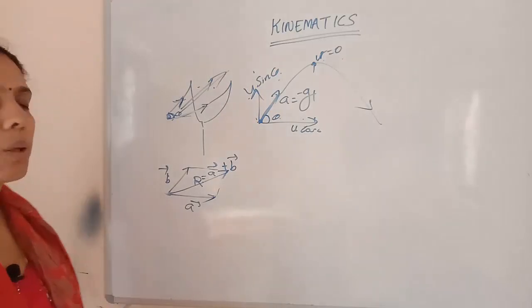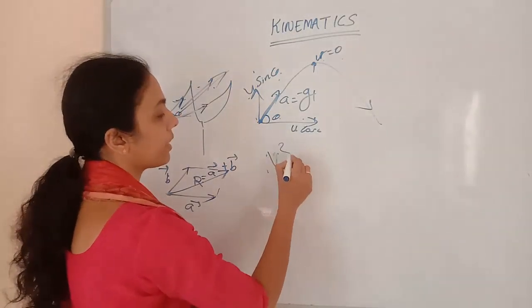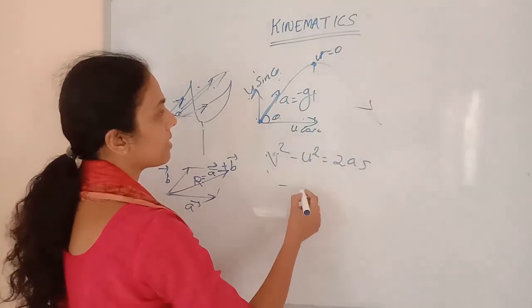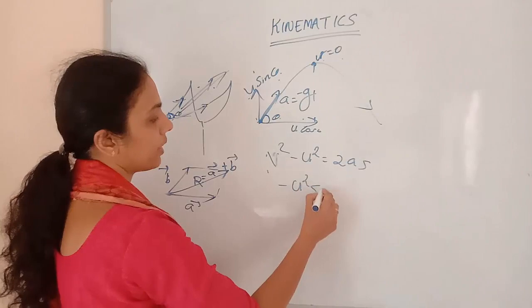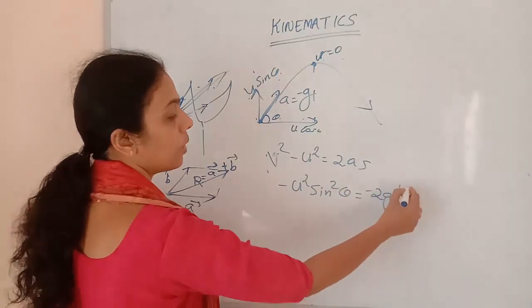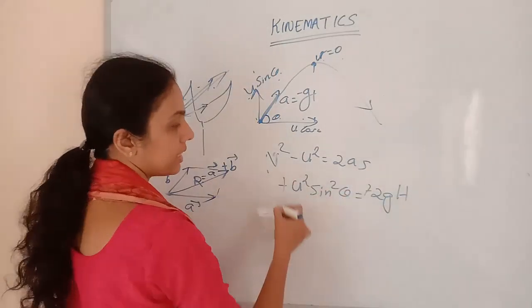Then you can find out the maximum height, and you will get it as v square minus u square equals 2as. So minus u square sin square theta equals minus 2g into maximum height h. Here negative and negative will get cancelled.